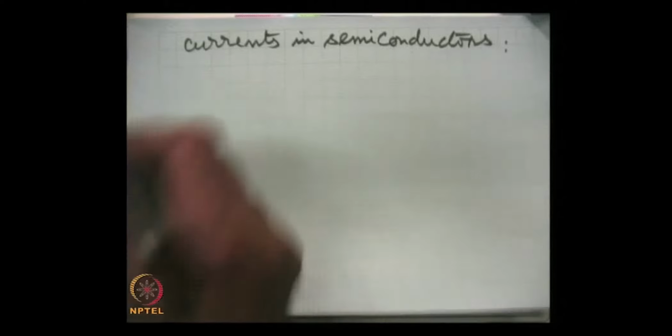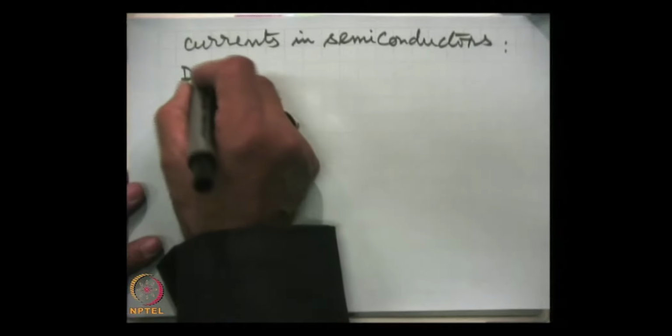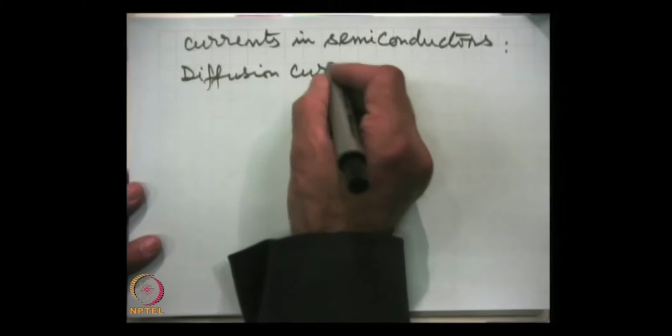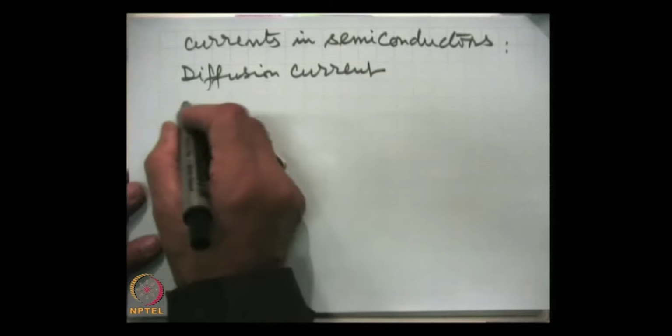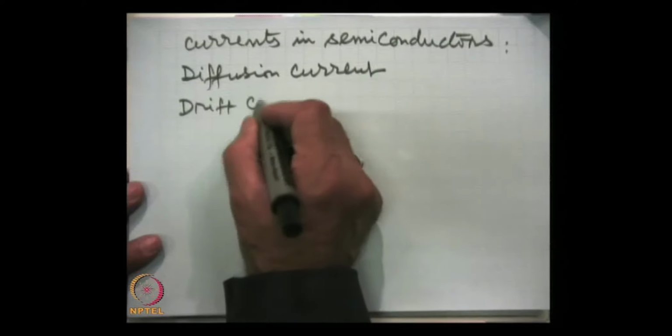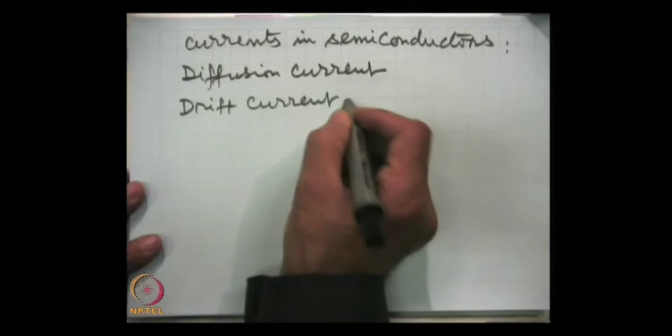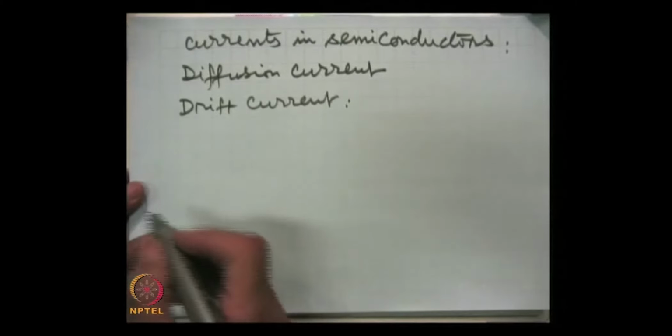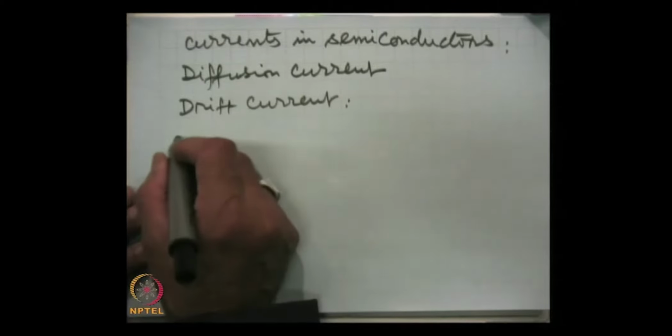These are diffusion current and drift current. First, we talk about the diffusion current.